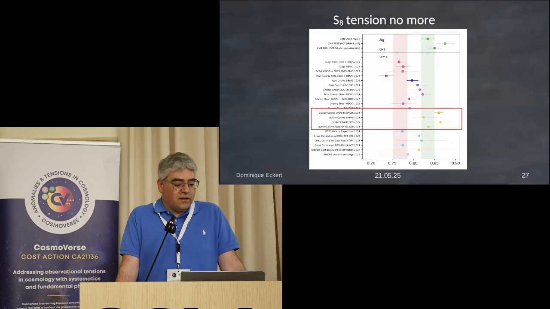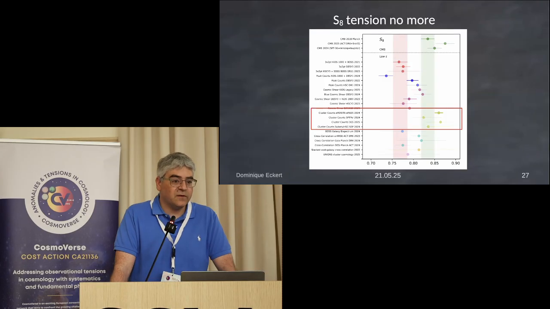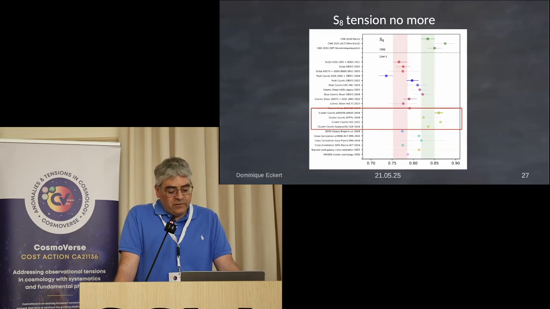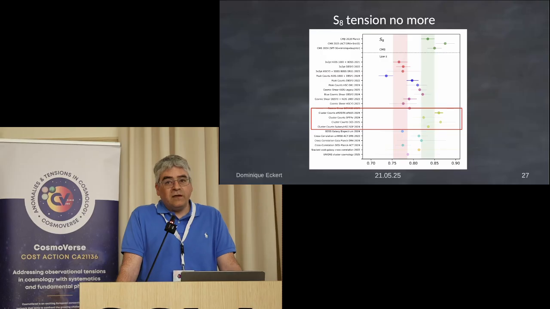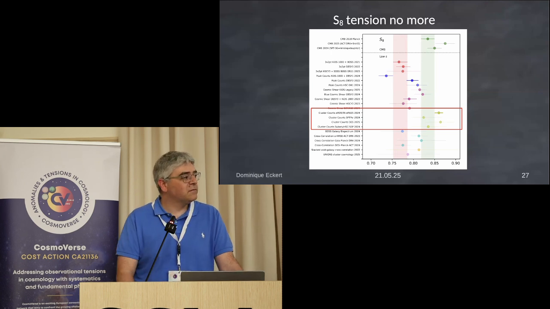This is just taking the whisker plot from the white paper, where you see these green and yellow points compared to the CMB, and all the most recent cluster experiments actually fall back on the Planck constraints.